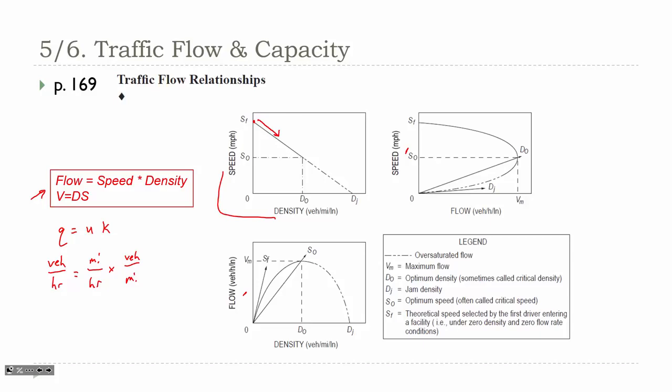The other relationship you can see here is V sub M, the maximum possible flow rate, so it shows up in both. The maximum flow rate, we also referred to as capacity. We called it Q max, which with these terms would be V sub M. What is it equal to? How do we find Q max?